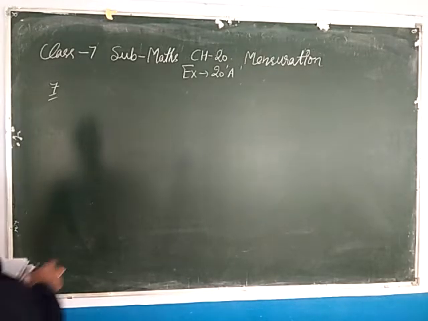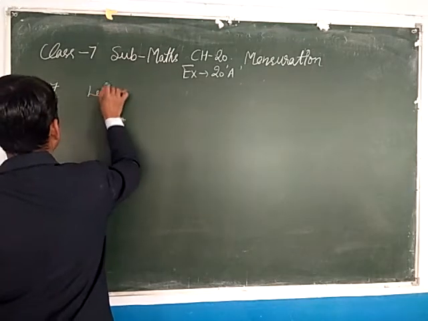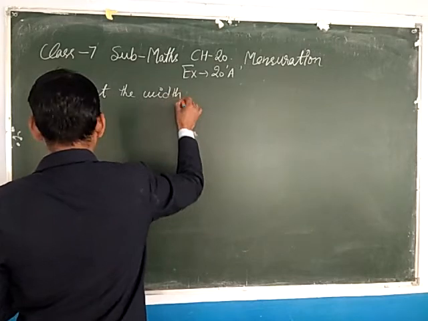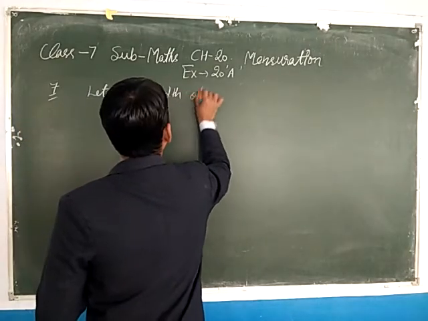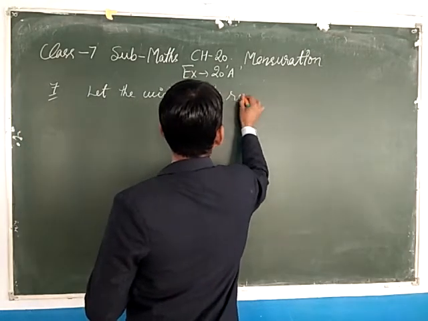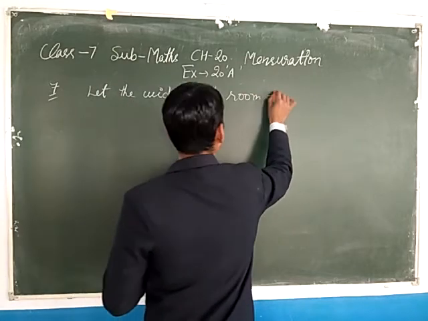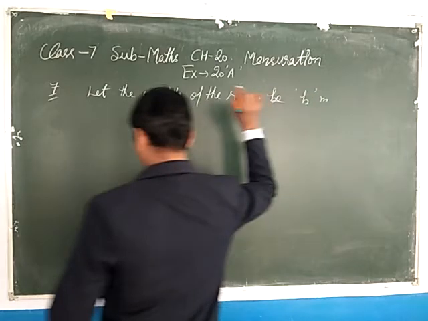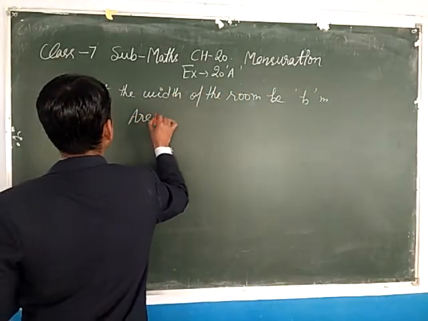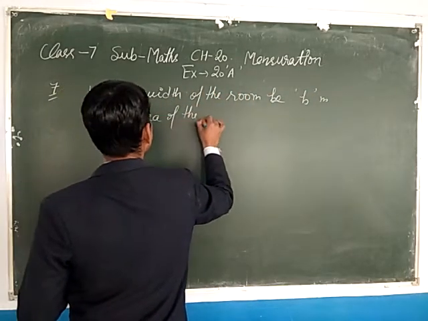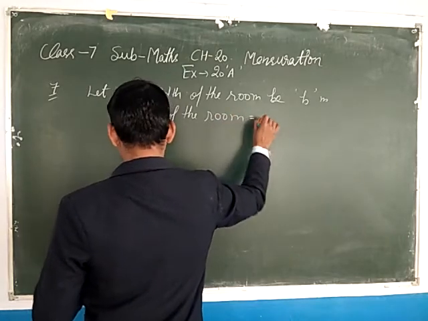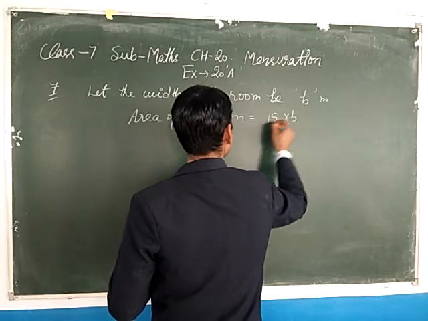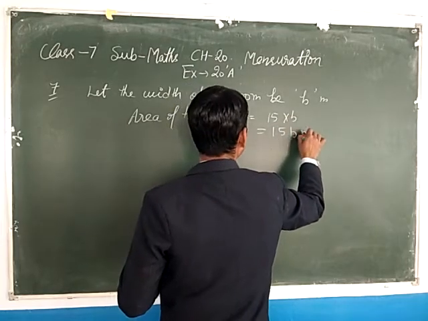Okay, so first of all, let the width of the room be b meter. Clear na? So area of the room is length multiply breadth, so 15 multiply b, so 15 b meter square.